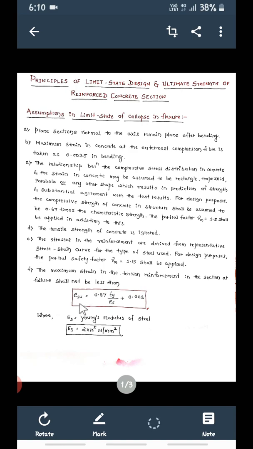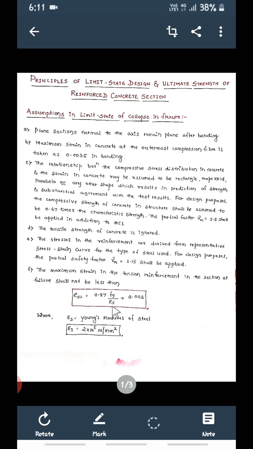Ultimate strain in steel is equal to 0.87 Fy upon Es plus 0.002. This is the formula we are going to use to calculate the maximum strain in the reinforcement, that is in the steel bar. So ESU is equal to 0.87 Fy upon Es plus 0.002. Then what are these terms?